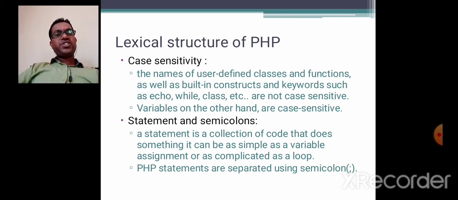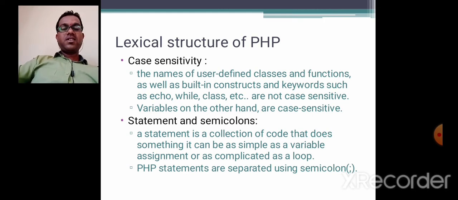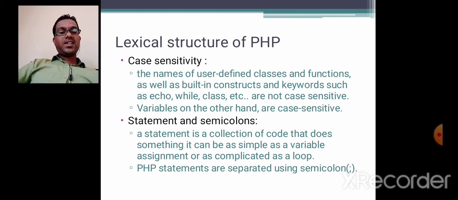When we talk about statements and semicolons, a statement is a collection of PHP code that does something. A compound statement uses curly brackets, and simple statements are separated by a semicolon at the end. In a compound statement, sometimes we use the curly brackets to mark the start and the end of the statement.